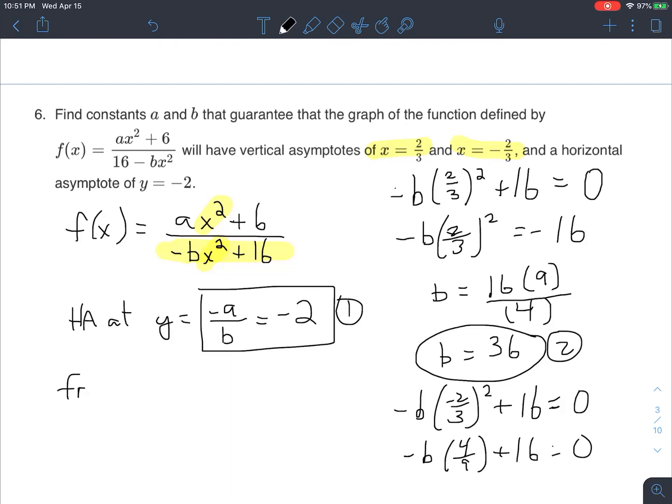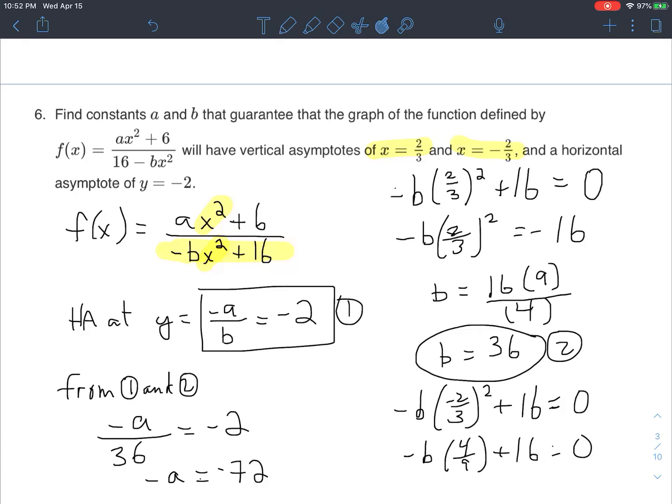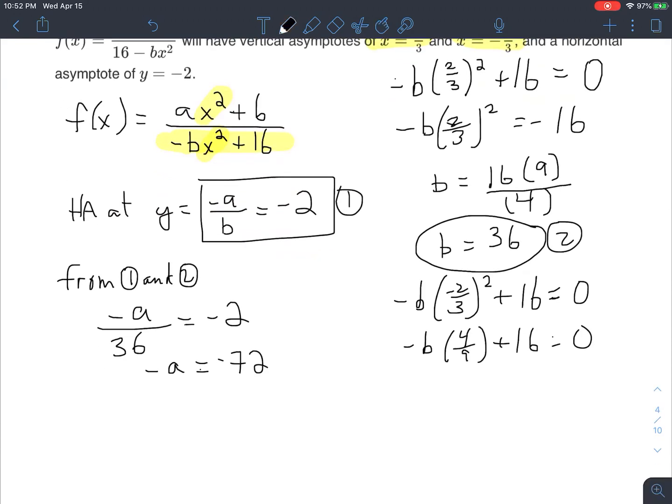So from 1 and 2, we have negative a over b, which is 36, equal to negative 2. Okay, so negative a is equal to negative 72. Well, that means that a equals 72.